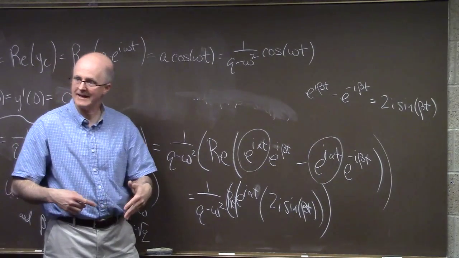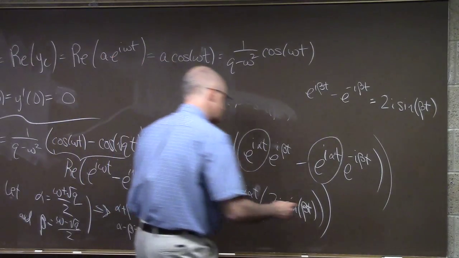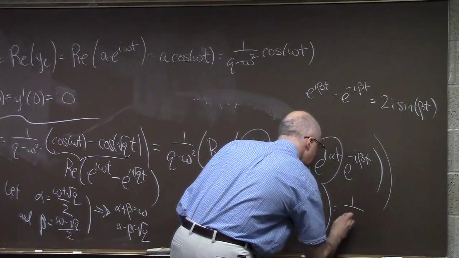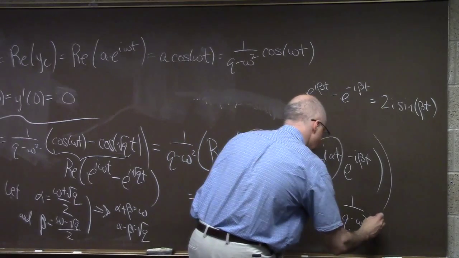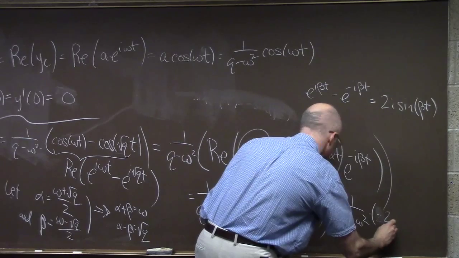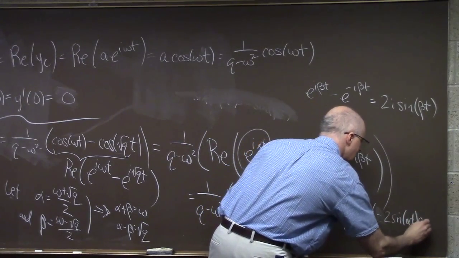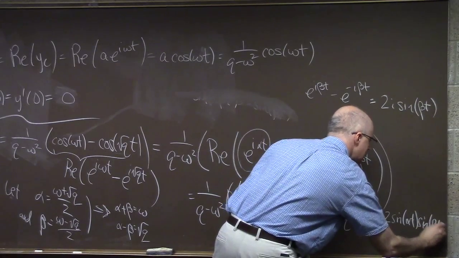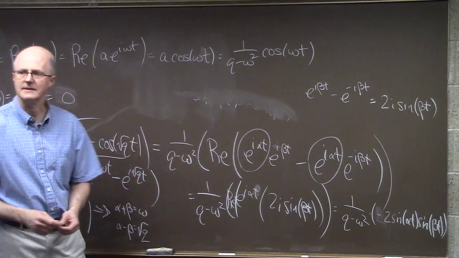And that means you're going to get a negative sign, technically. Looks like the real part of this is going to be negative 2 sine alpha t sine beta t. I think that's right.